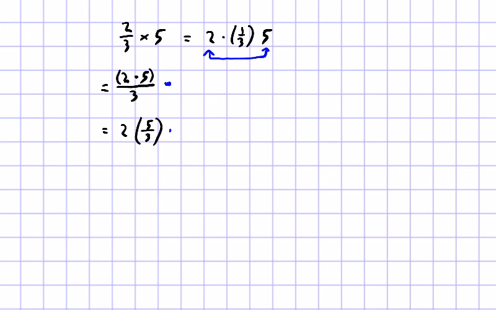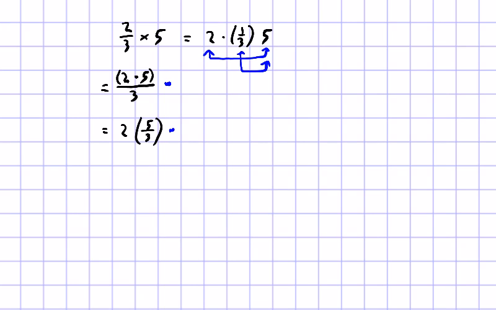And in this case, we have actually associated the 1/3 with the 5 right away and then multiplied by the 2. So we can do things in any order that we choose when we have strictly multiplication and division going on.